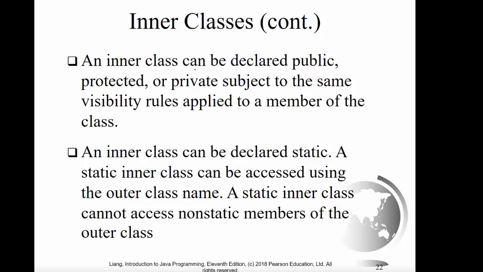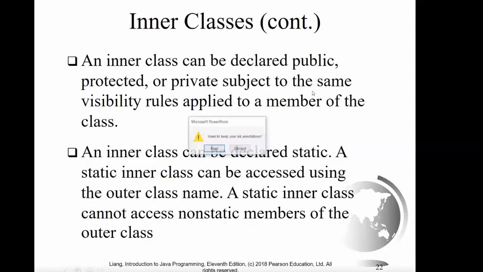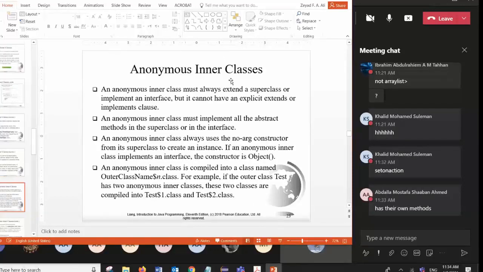So to make a long story short, inner classes are good in this example. They don't have to worry about scope and all these things. But this is not the only case because there is another way to do it. They call it anonymous inner class. It says that as long as an inner class is not needed outside, there is no need even to make a named class. Make a class without a name.